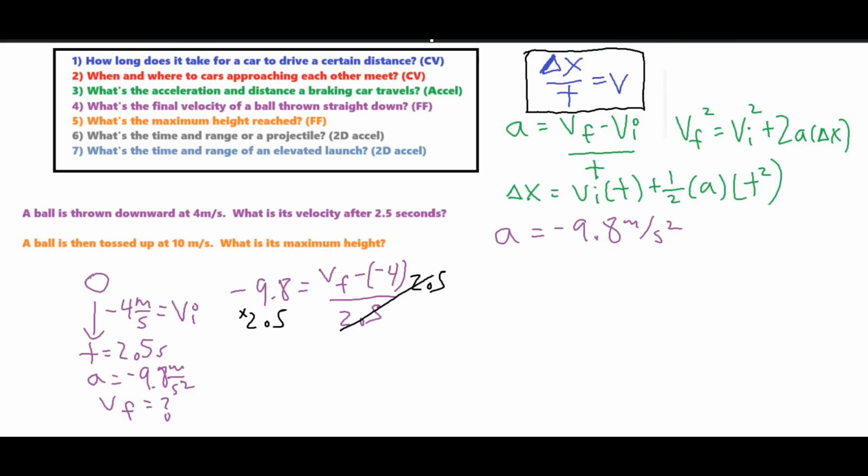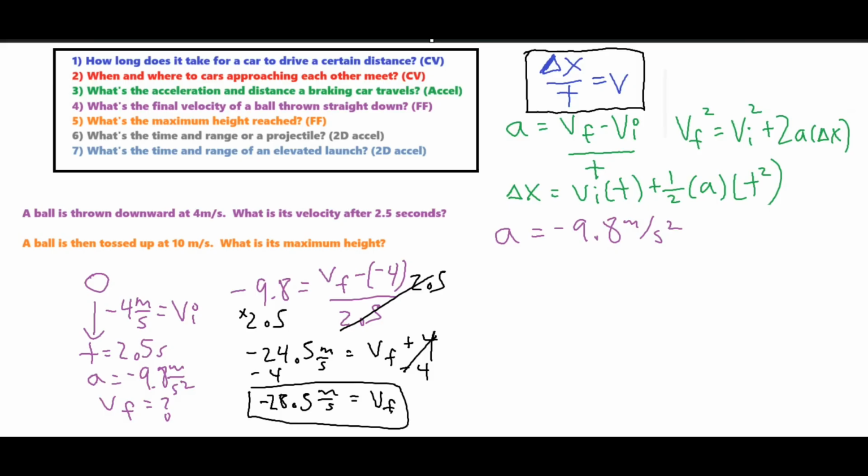After you do that, it looks like I got negative 24.5 equals VF, and we'll call that plus 4 because it was minus negative 4 to begin with. Then we just have to subtract 4 from both sides, and then we're done. We have negative 28.5 meters per second.